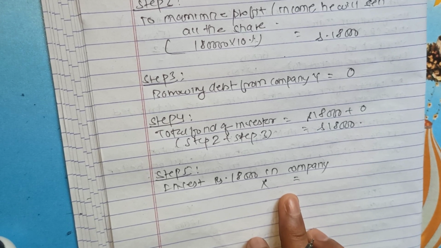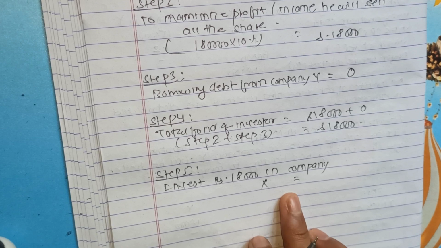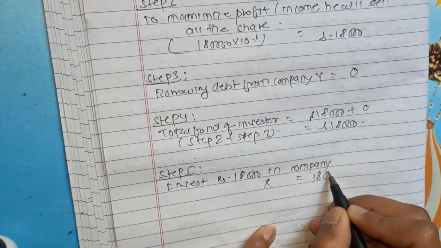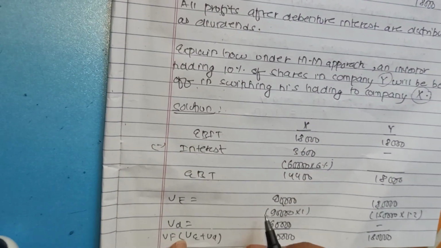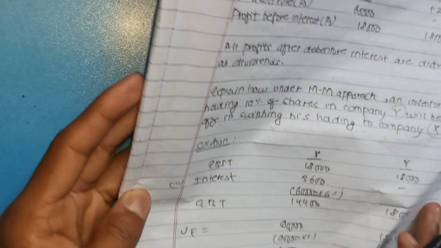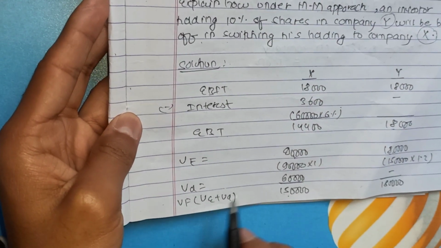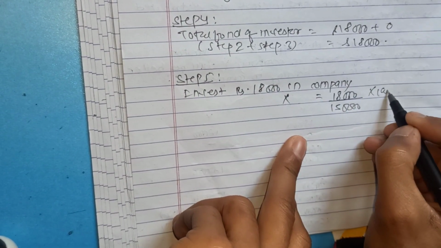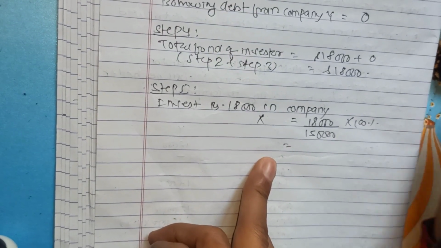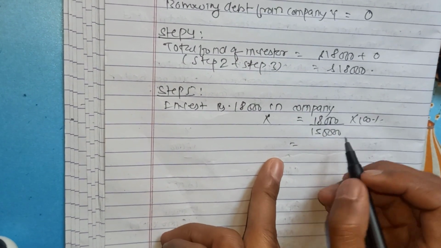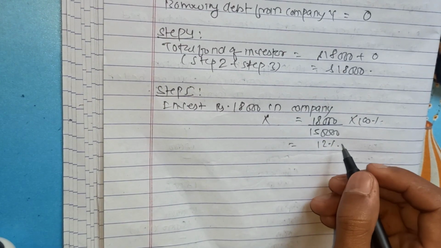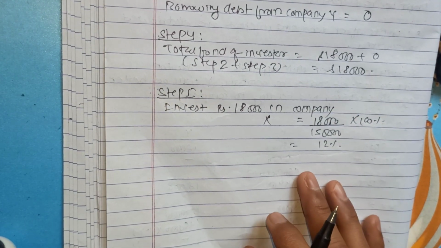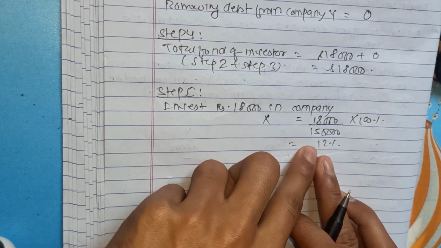Now how much is the percent while switching from Y to X, that is 18,000 divided by how much is the value of company X, means 1,50,000, which is value of firm in company X, means 18,000 divided by 1,50,000 into 100%, how much is the profit percent, means 12%. Yeah, he has taken the right decision, as he had earned previously only 10%, now he is earning 12%.